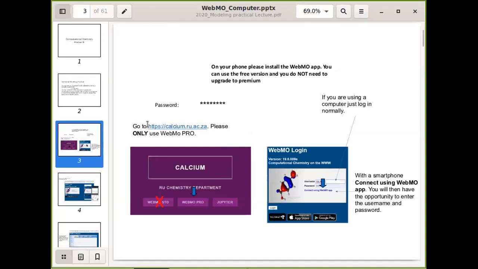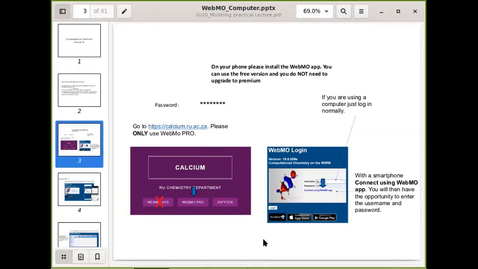So you're going to go to calcium.ru.ac.za, which is my server. Calcium links you to two versions of Webmo. One is my own version, Webmo Standard, and I don't want to use that because although you've got unlimited time and you can do some really high-level calculations, you don't have access to some of the properties that we would like to calculate in this practical.